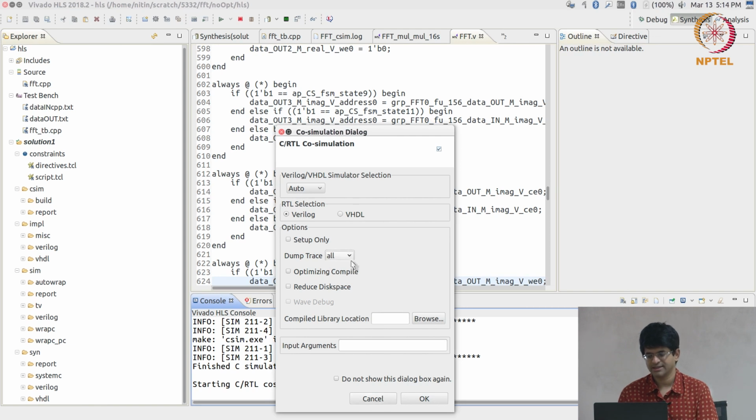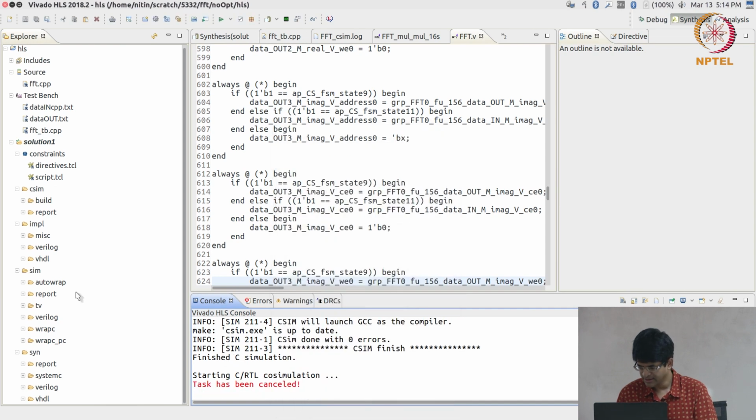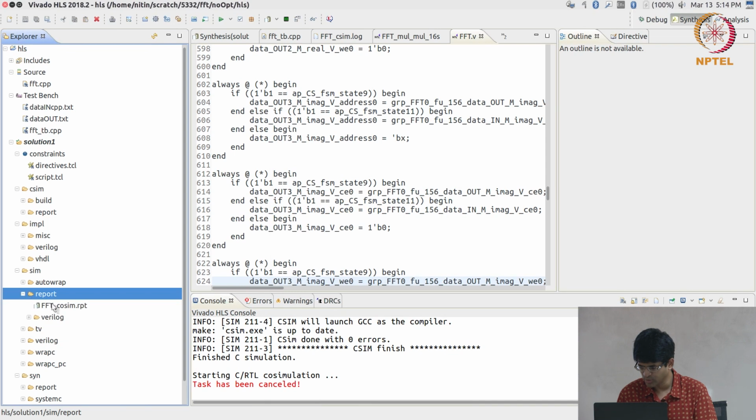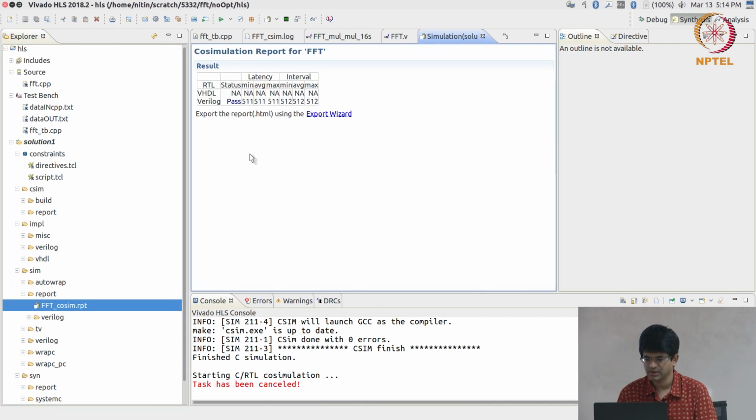If you have selected this dump trace and set it to all, and it successfully passes through the entire compilation process, what will happen is there will be one simulation report over here called FFT COSIM, which finally comes up with this set of values.